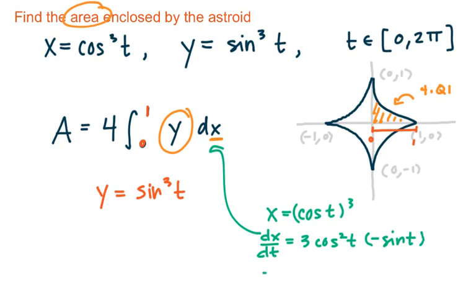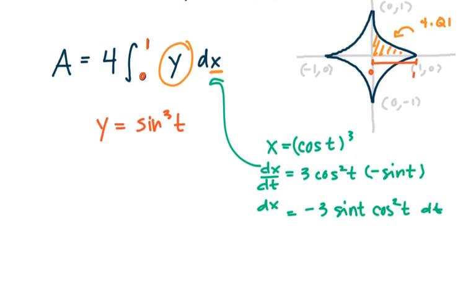Okay, so really we could say that dx with respect to t is negative 3 sine of t cosine squared of t.